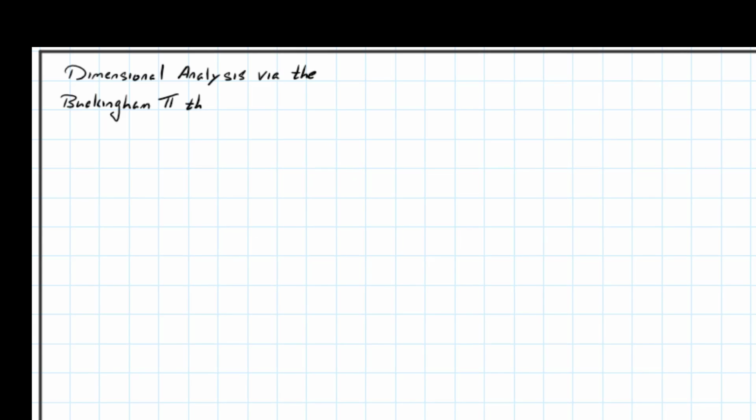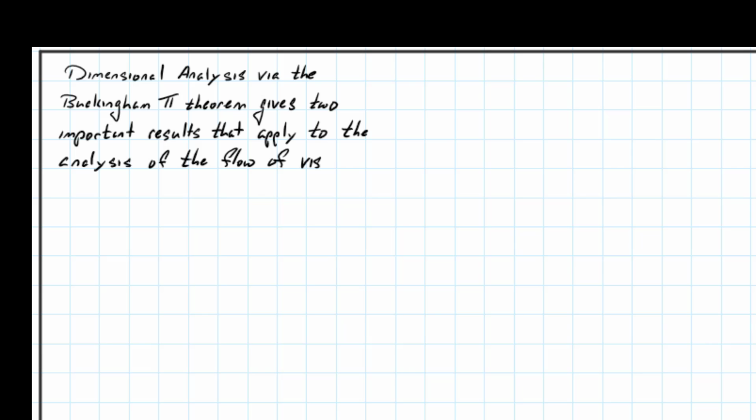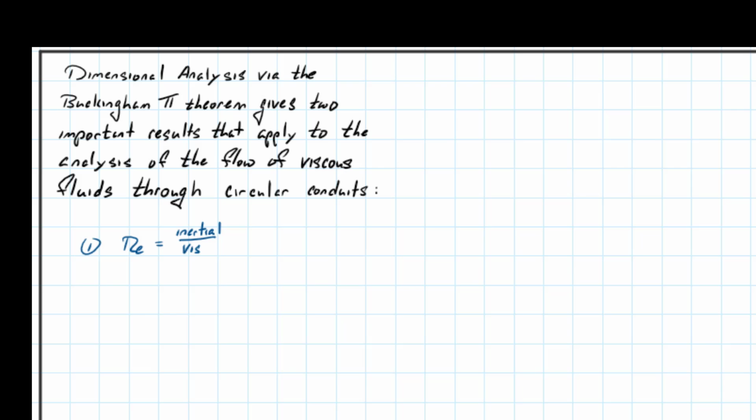So this analysis will give us two important results, and these apply directly to the flow of viscous fluids through circular conduits. The first of these terms is the Reynolds number, which we defined as the ratio of inertial forces to viscous forces. We define it by writing the density times the velocity times the diameter of the pipe divided by the dynamic viscosity.